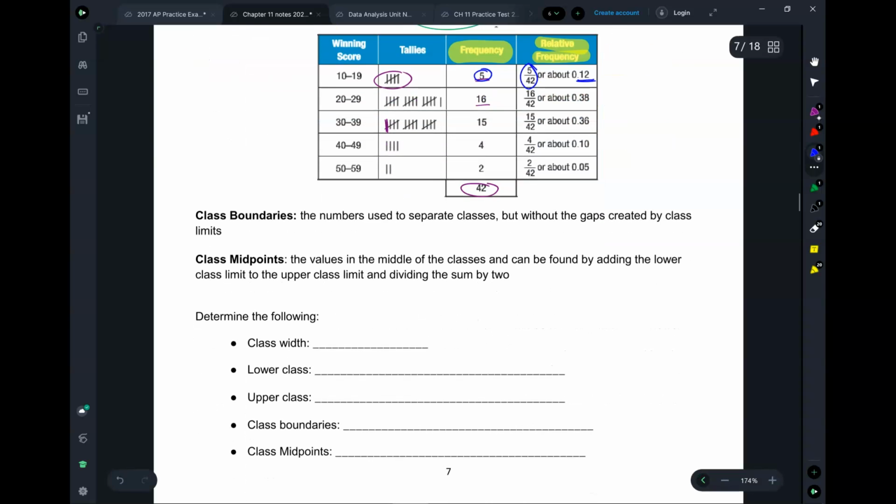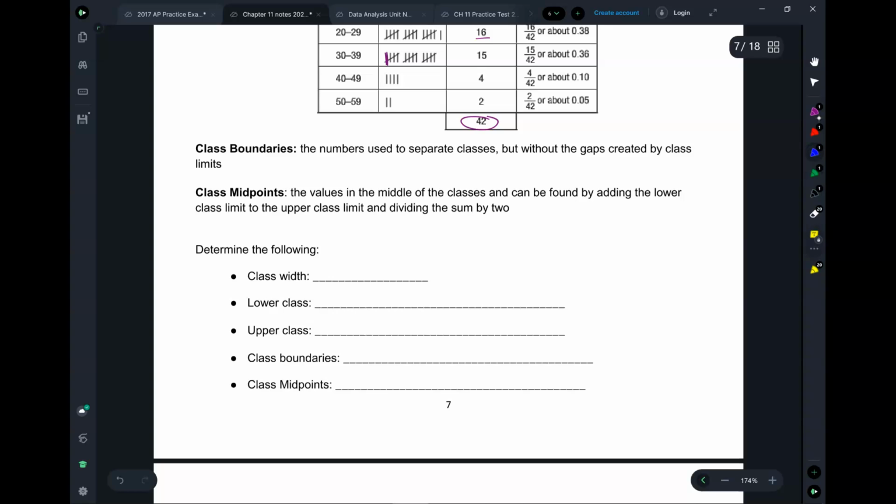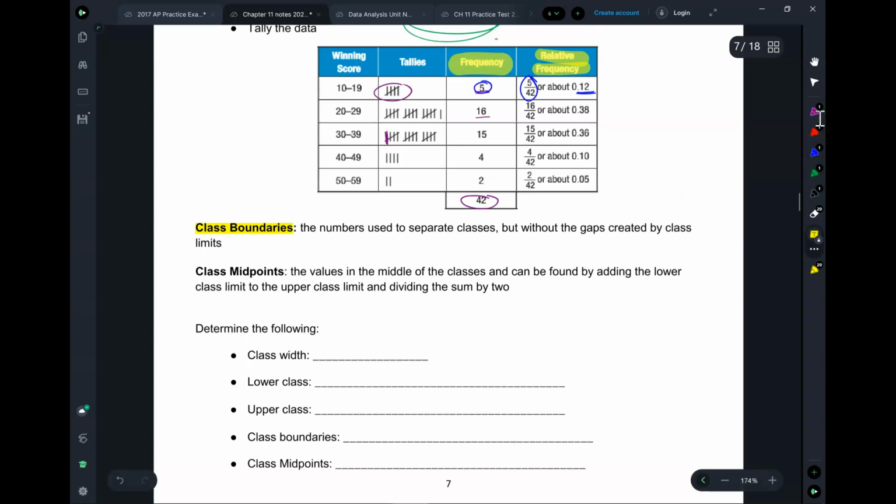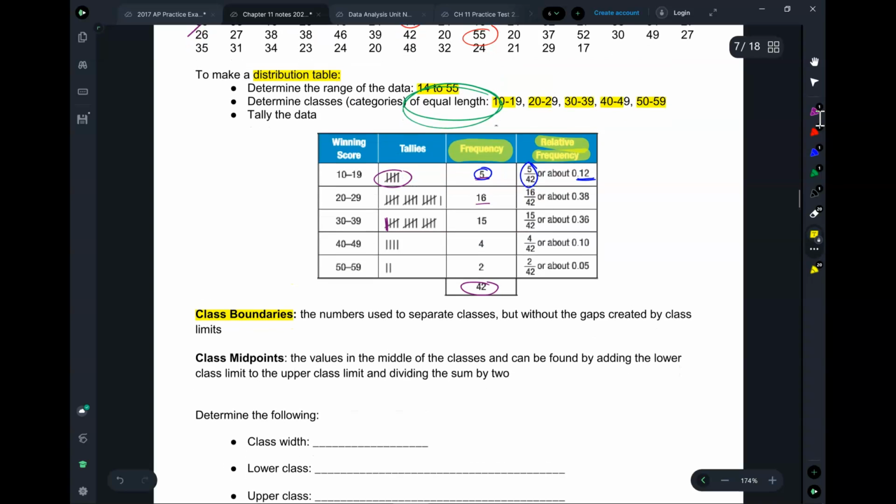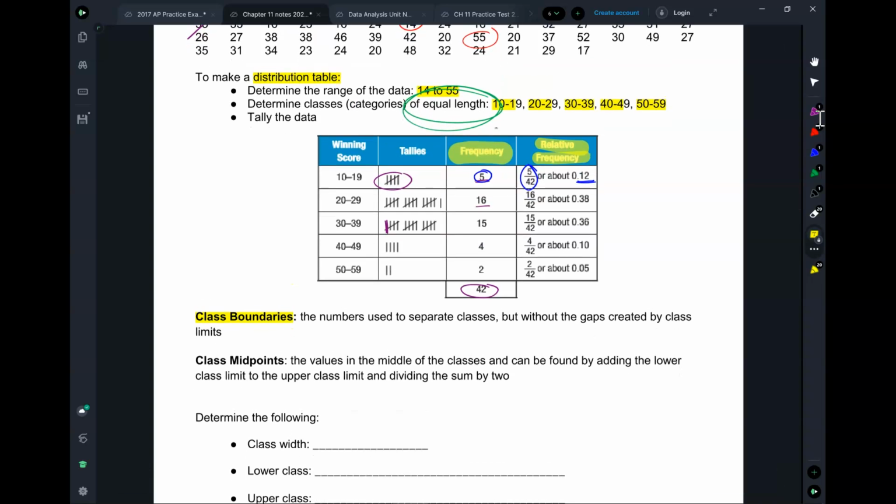Okay. Now, let's talk about class boundaries. Class boundaries are the numbers that are used to separate the classes. So for example, one class is 10 to 19, another one is 20 to 29. All right? Class midpoints is halfway between each class. So what's halfway from 10 to 19? That's the class midpoint.